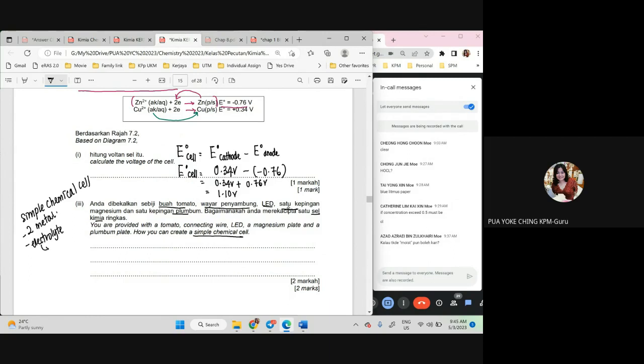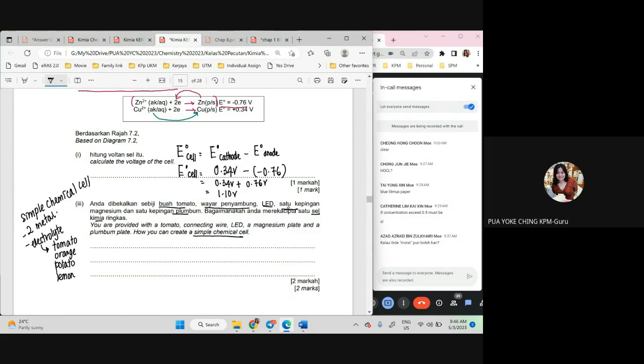So, this electrolyte kalau dalam semula jadi boleh tomato, boleh orange, boleh potato, asalkan dia adalah something yang masam-masam yang boleh tolong conduct electricity. Okay, kalau boleh mesti juicy sikit lah.